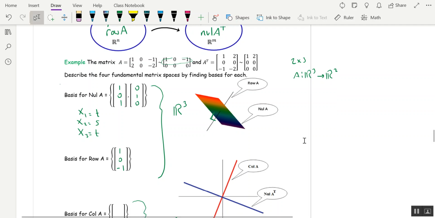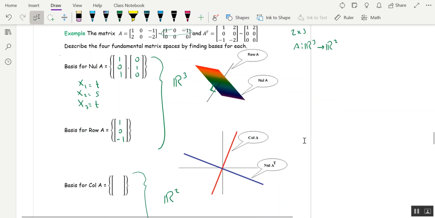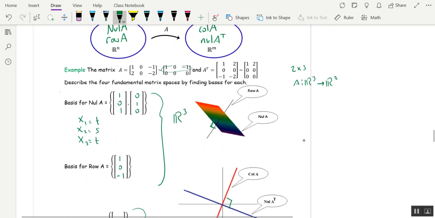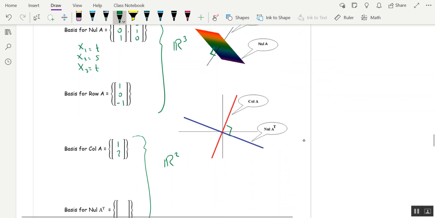Likewise, col A and null A transpose, they're both lines in R2, but they're special lines. They meet orthogonally. So for a basis for col A, the reduced A has 1 pivot column, so I want to use that 1 column from A, so 1, 2.